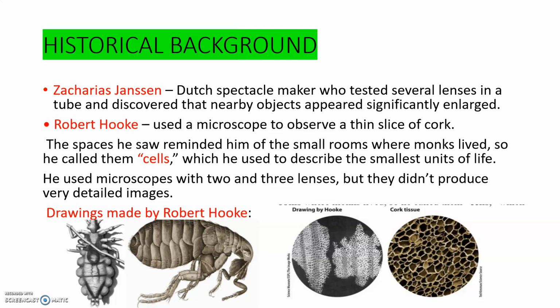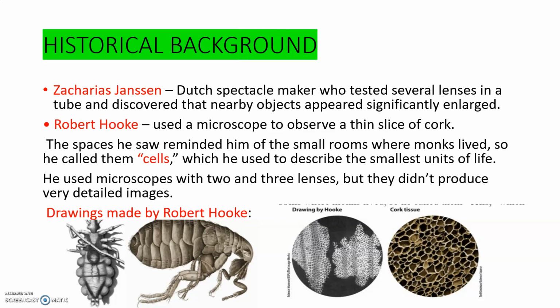Zacharias Janssen was a Dutch spectacle maker who tested several lenses in a tube and discovered that nearby objects appear significantly enlarged when viewed through the microscope.